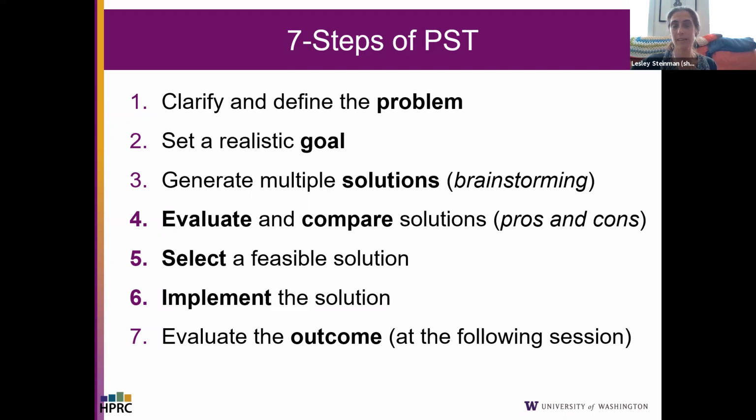Step 4 is evaluating and comparing those solutions, or weighing the pros and cons. Step 5 is selecting a feasible solution. Step 6 is coming up with an action plan on how you're going to implement that solution. And then step 7 happens at your next Pearl session. It's connecting with the client about how it went, evaluating it, and then making changes accordingly going forward.